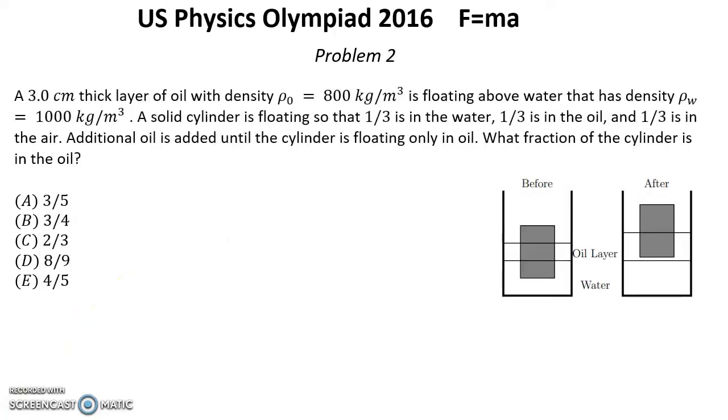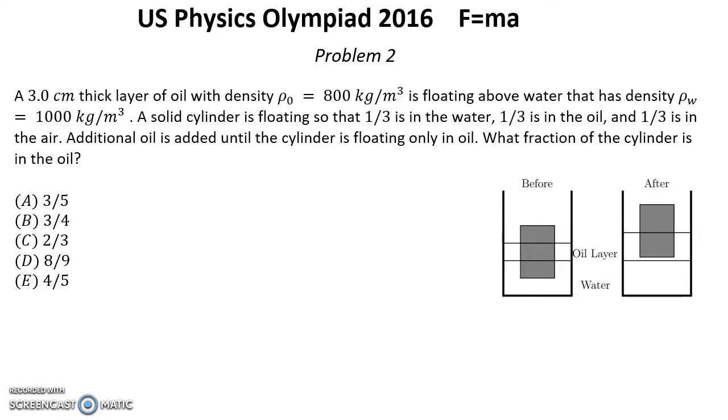Problem number 2. A 3 centimeters thick layer of oil with density ρ0 equal 800 kg per cubic meter is floating above water that has density ρw equal 1000 kg per cubic meter.